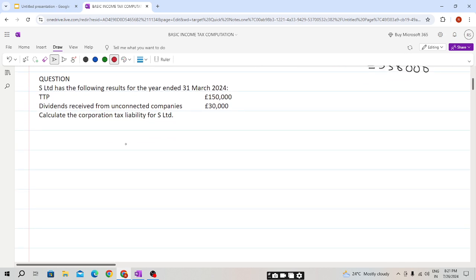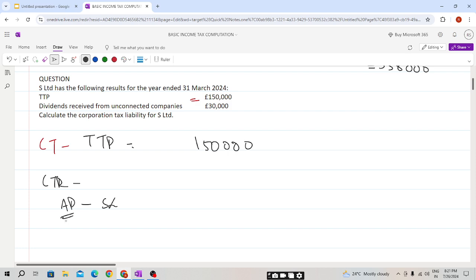Now moving to the third case. S Limited has the following results for the year ended 31st March 2024. TTP is 150,000. Dividend received from unconnected company is 30,000. So corporation tax will be paid on TTP. Our TTP is 150,000 pounds, but the corporation tax rate will be determined by comparing augmented profits with the statutory limit.